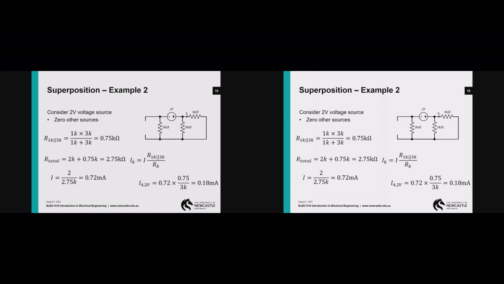If I've got two sources, like in example 1, there's a possibility that I could do it just as quickly with Kirchhoff's current law or voltage law. But if I'm getting to 3 sources, I'd be thinking superposition is probably the thing I would look at.